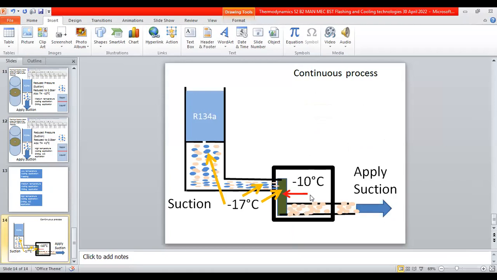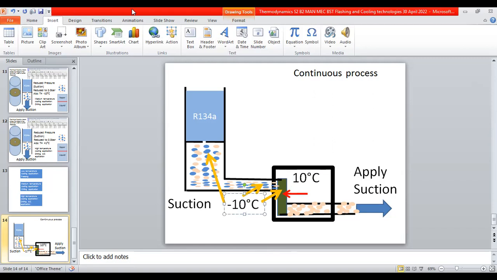See, heat transfer here, because minus 17 C is the temperature here. Cabin is minus 10. For your easy understanding, let's say this is minus 10.